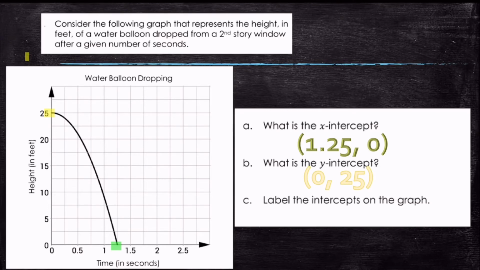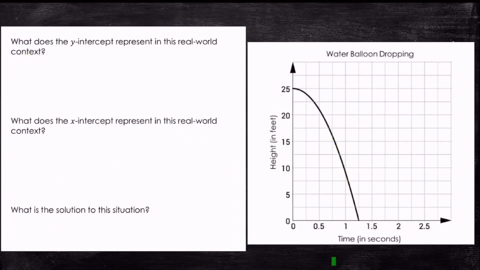And then label your intercepts. So you would label here x-intercept and then y-intercept. That's what it asked you to do. So ABC, doable, right? Well, let's go look at these. What does the y-intercept represent in this real-world context? And I kind of already gave you a hint of what I can figure out.